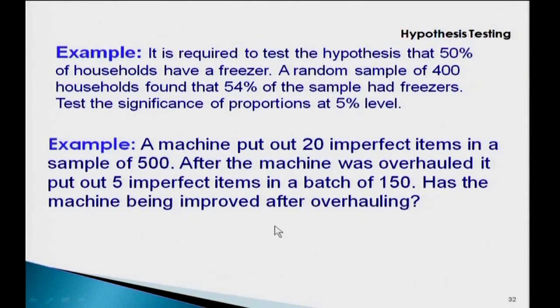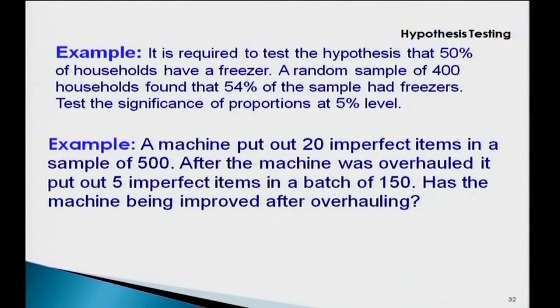Then another example here, a machine put out 20 imperfect items in a sample of 500. In a sample of 500, the machine is putting out 20 imperfect items. So, it was able to put out 480 items meeting the specifications.